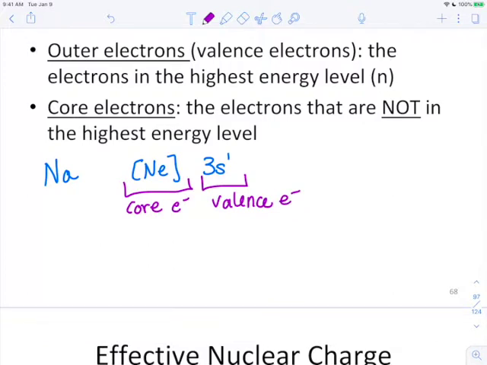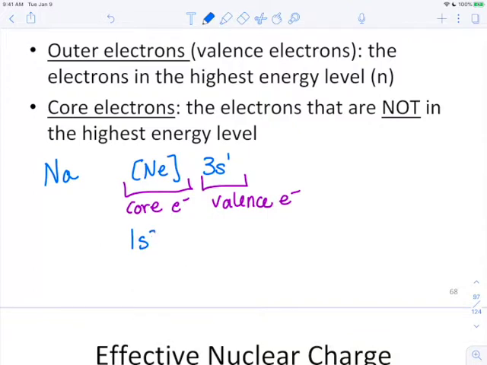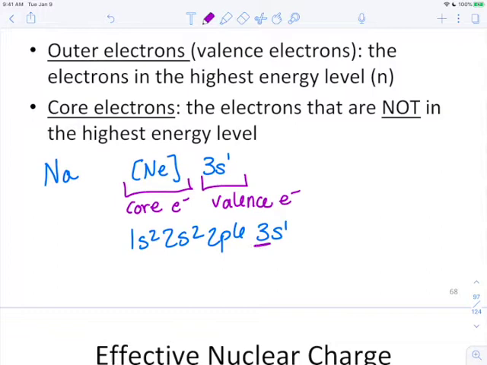So when you use the noble gas core notation, that abbreviation, the noble gas shows you your core electrons. But we could have written it out. We could have said 1s2, 2s2, 2p6, and 3s1. If we were to write it out like that, then you would be looking at the highest energy level right here, which is 3.